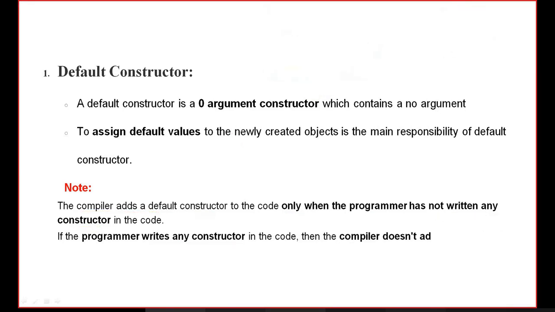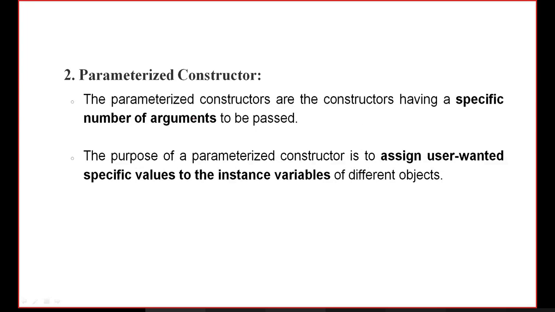Moving ahead, parameterized constructor. We discussed it. Constructors that are having a specific number of arguments to be passed, right? Specific number and type of arguments to be passed. The purpose of any parameterized constructor is to assign user wanted specific values, right?